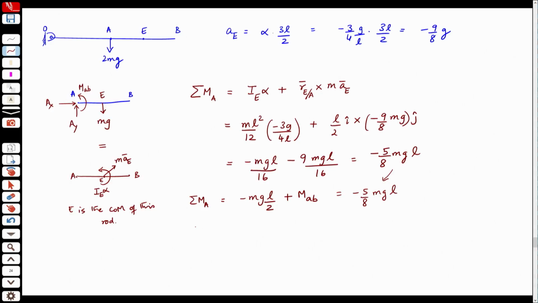So, I get M_AB equal to minus 5 by 8 mgl plus half mgl, I get it as minus mgl by 8. So, that means the net moment is a clockwise moment.